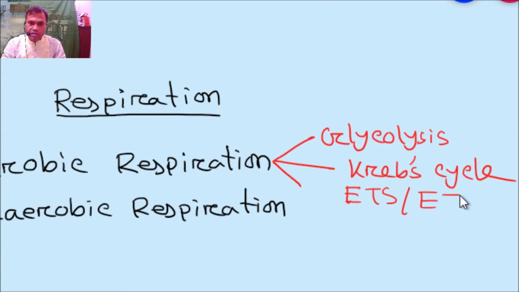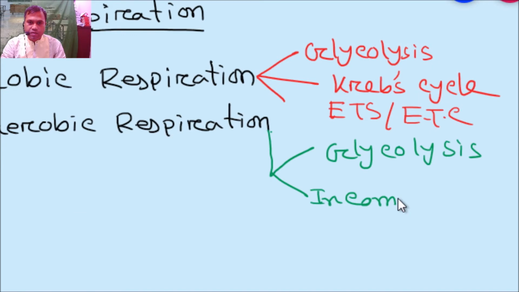Anaerobic respiration is completed in two steps. The first step is glycolysis, and the second step is incomplete oxidation of pyruvic acid.